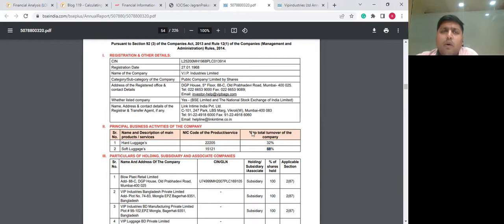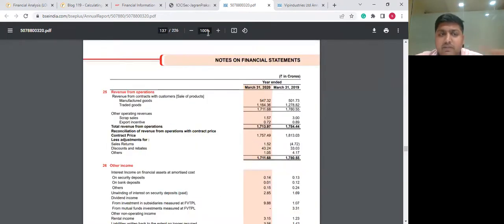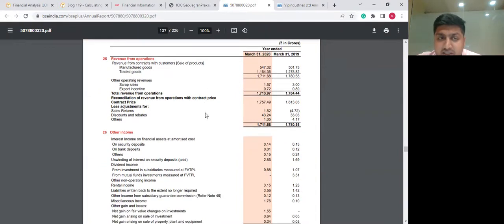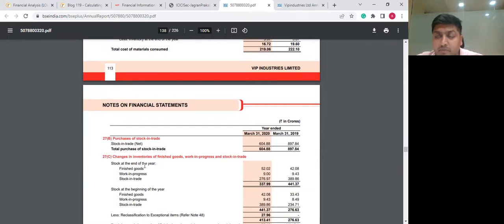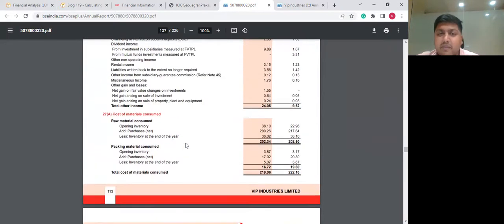But now, if you want to calculate what percentage, or rather what amount of COGS is hard luggage or soft luggage, even if we take a look at page number 137, which is the footnote of the financial statements, you won't be able to find any such breakup in the changes in stock in trade, or as a matter of fact, the work in progress, finished goods, or even cost of raw materials consumed. So how is it that you are going to find out COGS corresponding to hard luggage and soft luggage? Because without that, we won't be able to compute the profit margins, right?